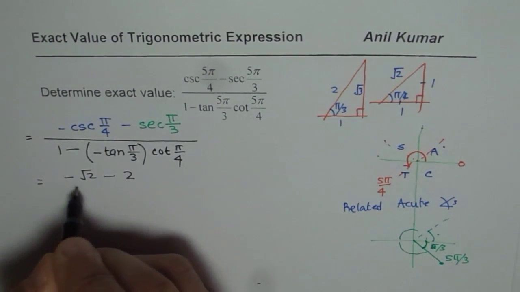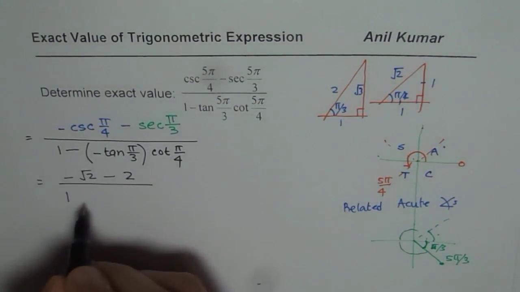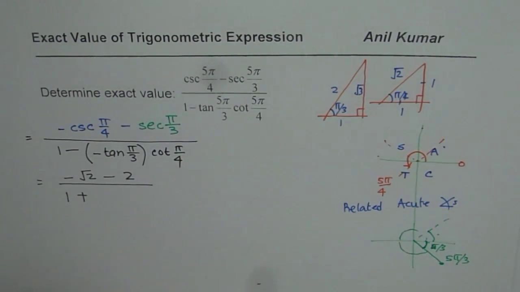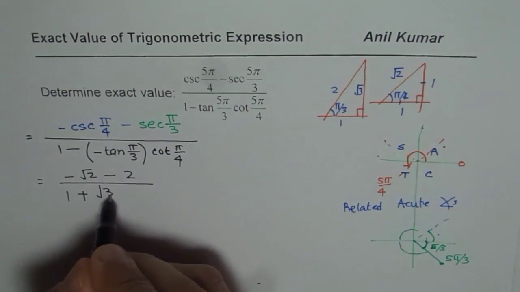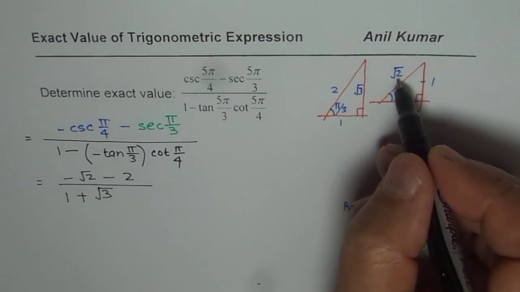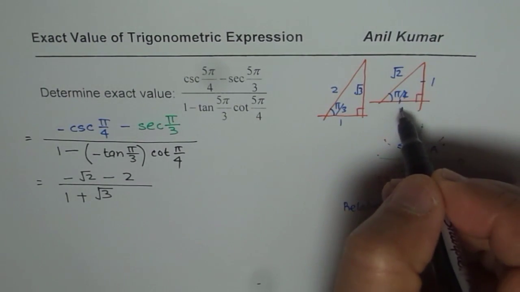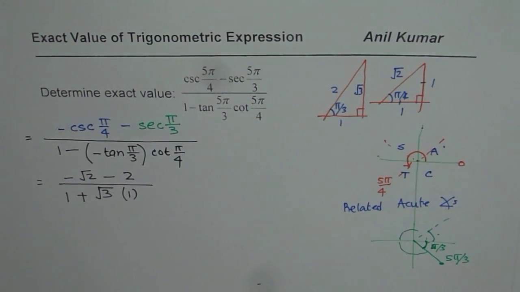So minus 2 divided by 1. Minus minus becomes plus. Tan of pi by 3, square root 3. Okay. And cotangent pi by 4. Pi by 4 cotangent will be 1 over 1, which is 1, right? So times 1. So that's what you get.